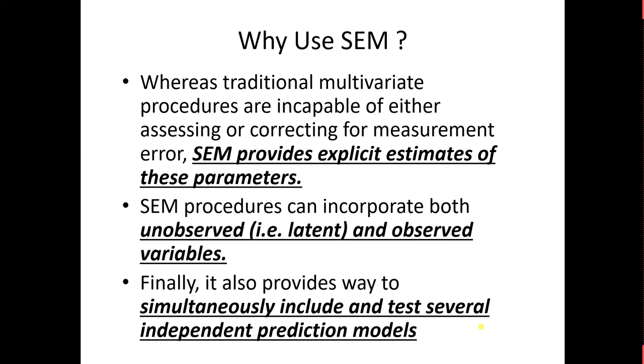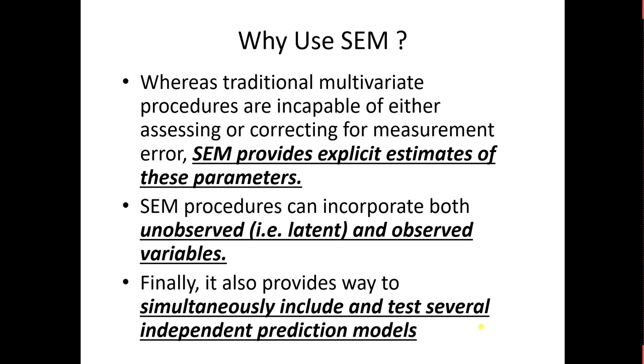Now, linking from the definition, coming to the question: why use SEM? So, why not regression analysis and why not factor analysis? Compared to the traditional multivariate procedures, which are not capable of correcting for measurement errors, structural equation models provide explicit estimates of these parameters.